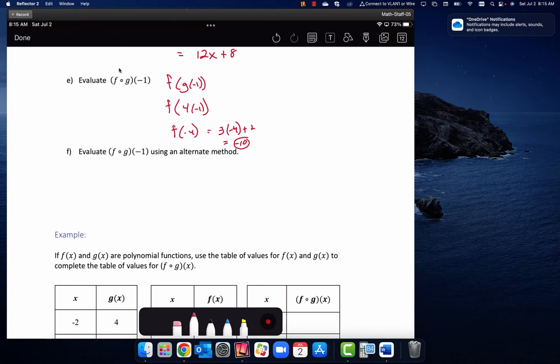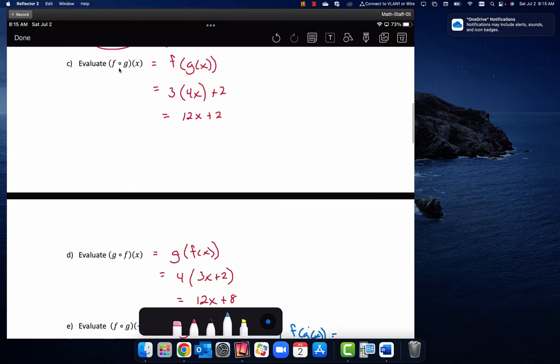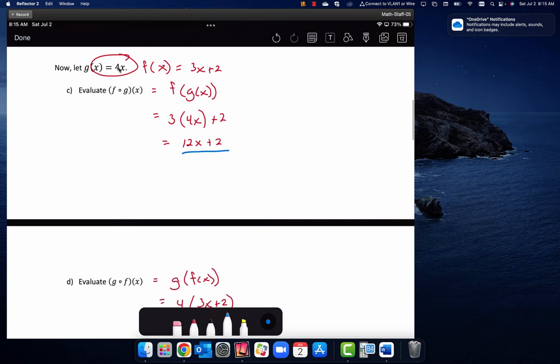An alternate way to do this one is, rather than doing it in 2 parts like that, we already know that f of g of x, earlier we found that to be 12x plus 2.